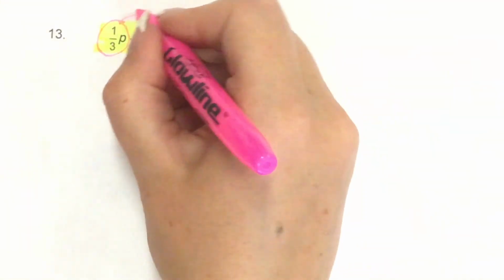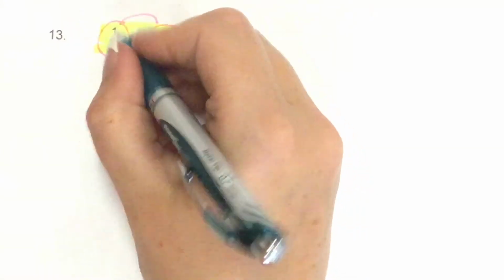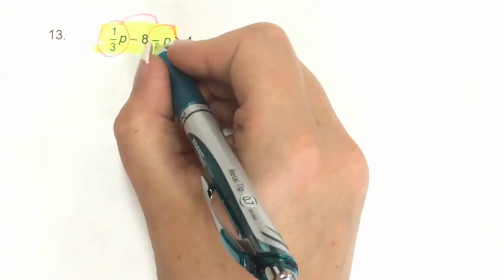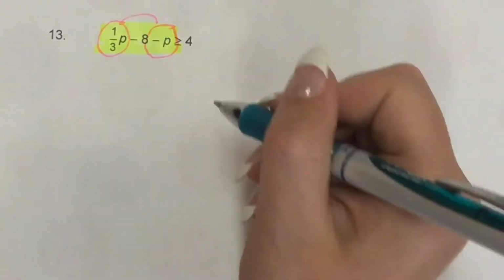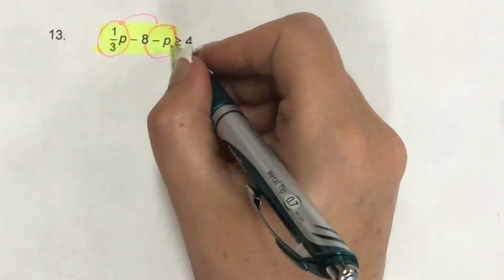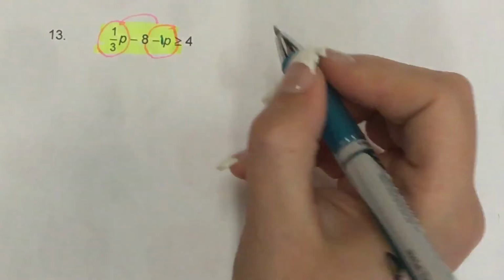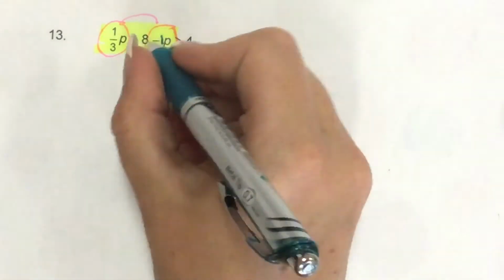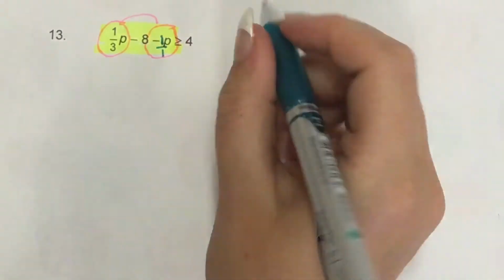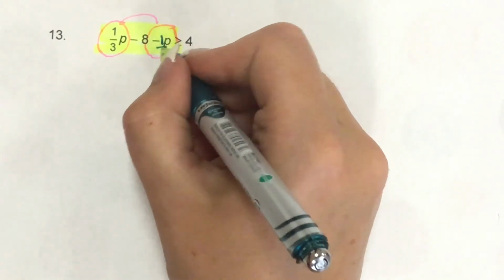We need to combine those into one thing. Since this is a fraction, we need to turn this negative p into a fraction as well. Negative p, we know, is the same thing as negative 1, right? And so we can make negative 1 into a fraction just by putting it over 1. So we have negative 1p over 1.